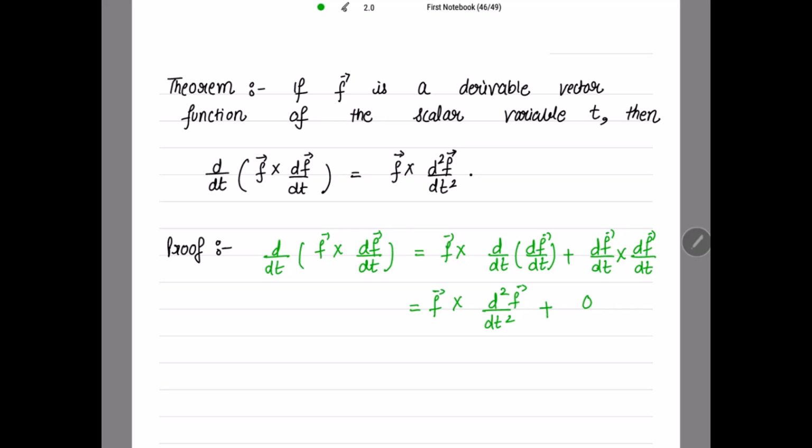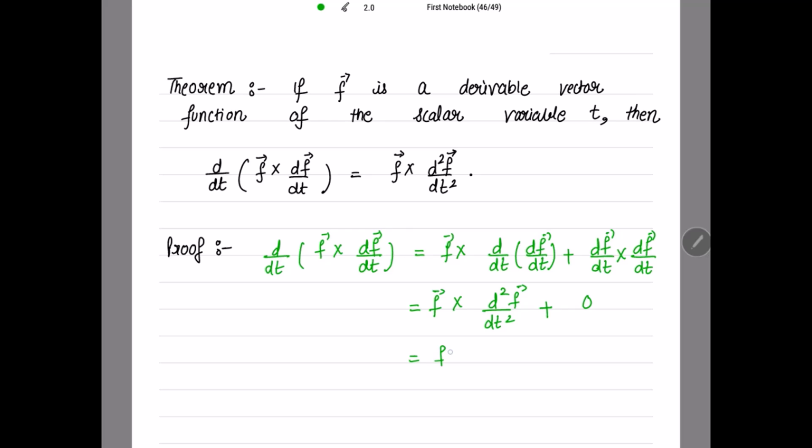This we know, and I have also written this in the remark in the previous videos, because this is equal to first vector mod, second vector mod, sine of the angle between these two. Because both these are the same vectors, the angle is 0 and sine of 0 is 0, so the cross product is 0.